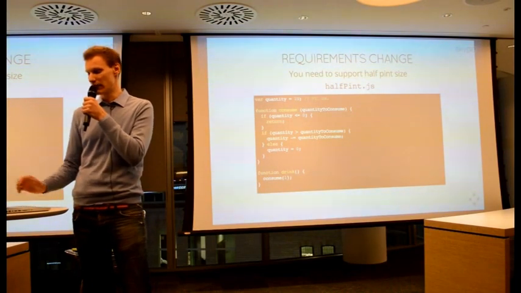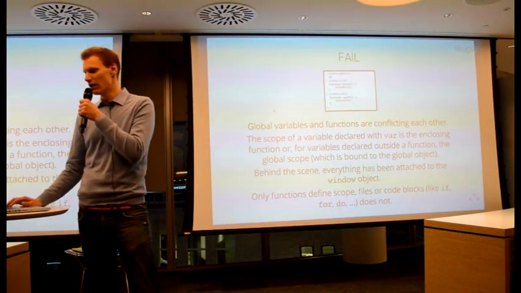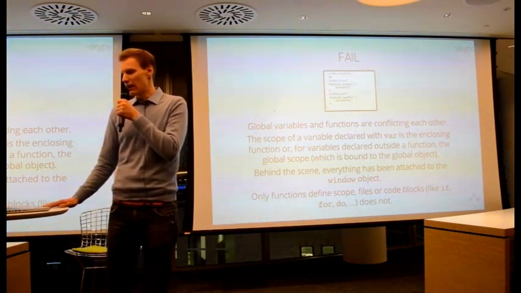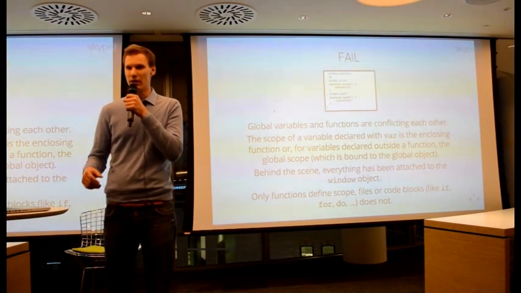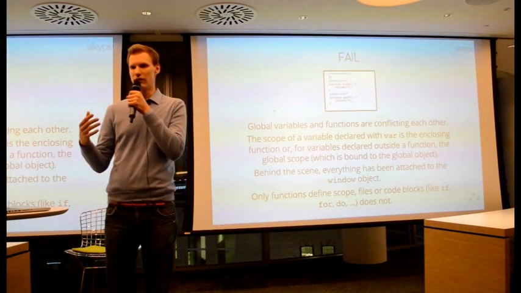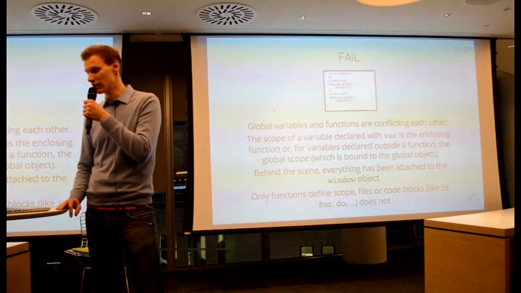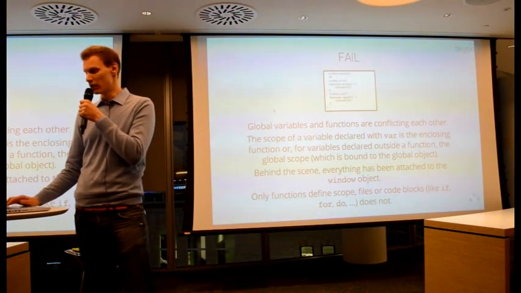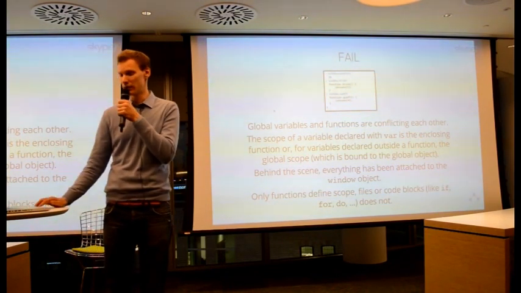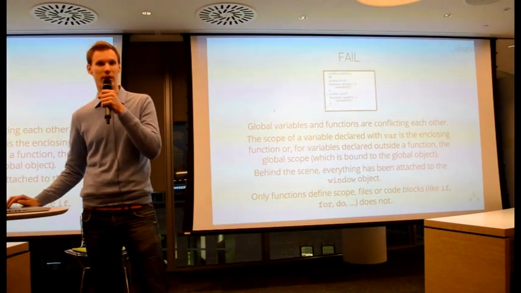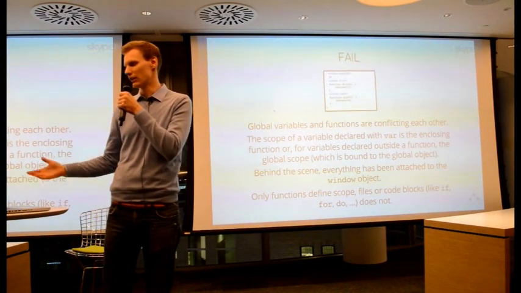And actually, we would get many errors because everything would be ending up on the window global object, because the variables defined in JavaScript live inside the function that is enclosing them, or if there is no function, they will end up on the global scope, which would be the window object in a browser. In JavaScript, code blocks don't scope variables, so you must be careful with that, otherwise you could be conflicting yourself in the same function.